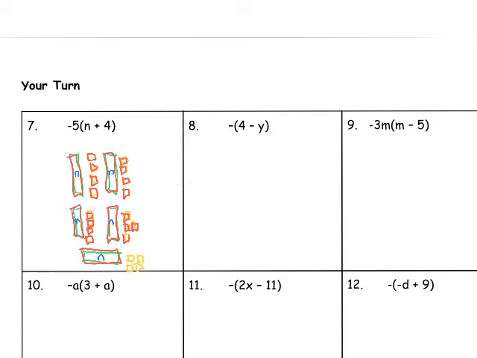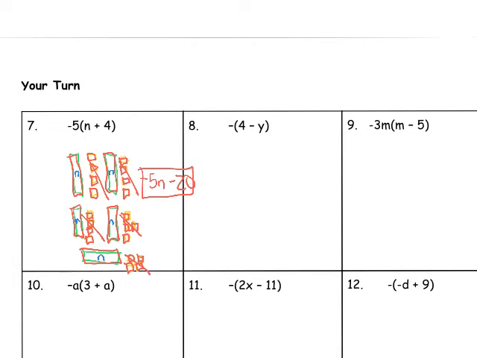So once you're done distributing that negative sign to every single tile, what do you now have? Combine your like terms. Well, I have negative 5n, and I have negative 4, 8, 12, 16, 20.